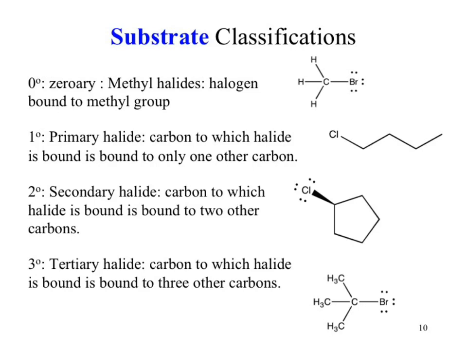So, substrate classifications. We've got our zeroary, our primary, our secondary, and our tertiary. And we'll refer to these as our alkyl halides because the only functional group we're really looking at is our halide functional groups, but it can really be anything with a leaving group. So wherever our leaving group is located, we will refer to that carbon as our zeroary, primary, secondary, or tertiary. Are there other classifications?